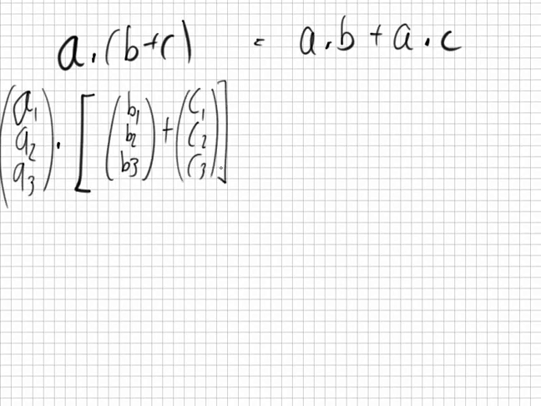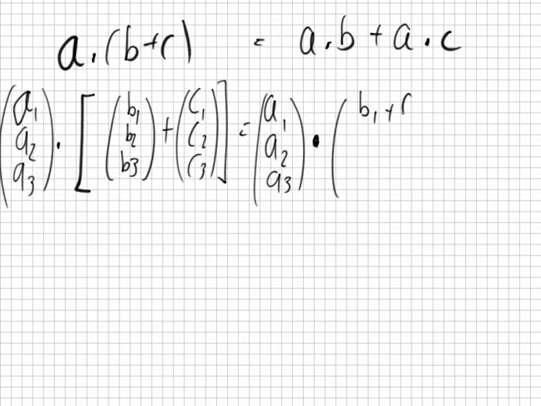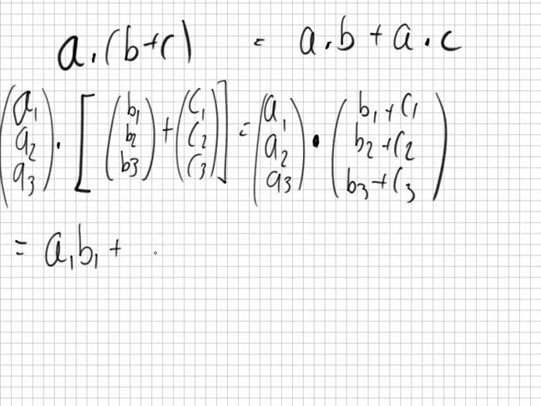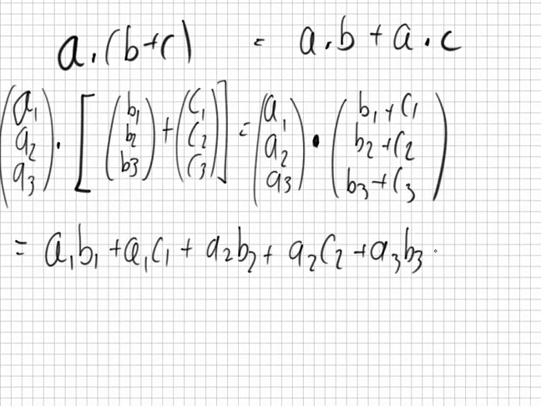That will equal A1, A2, A3, dot, B1 plus C1, B2 plus C2, B3 plus C3, which would equal A1B1 plus A1C1 plus A2B2 plus A2C2 plus A3B3 plus A3C3.